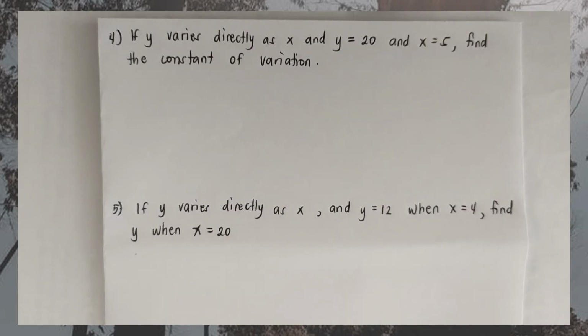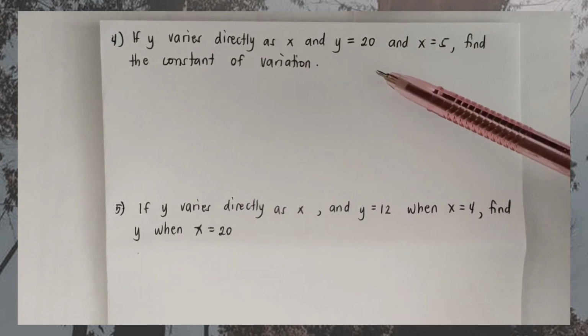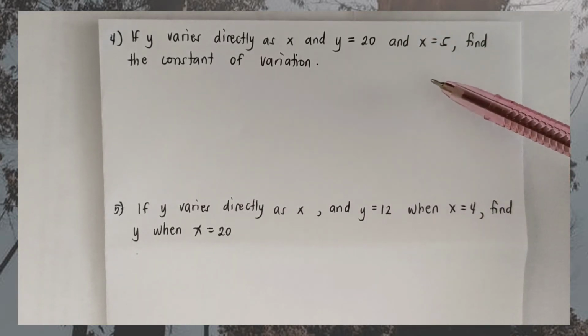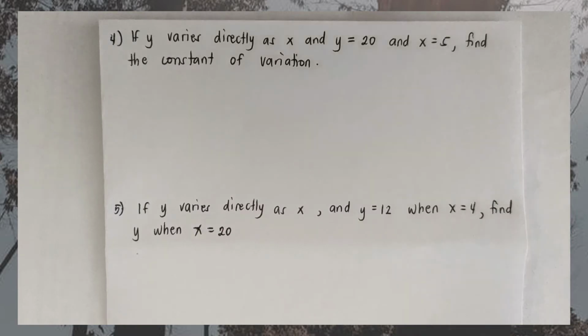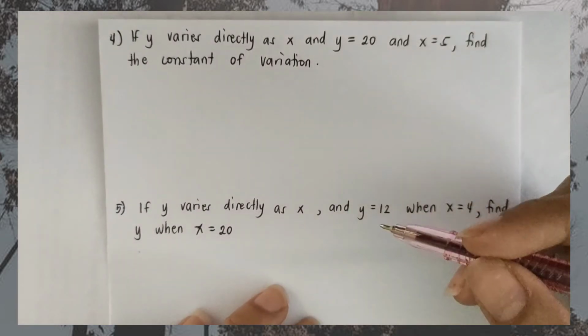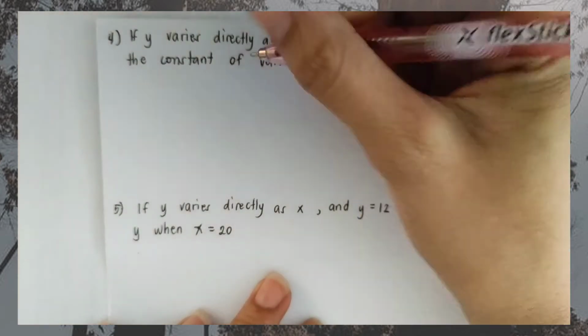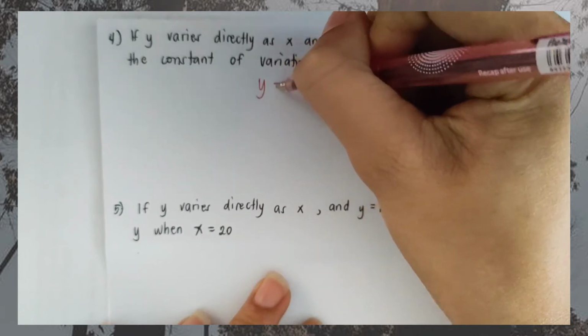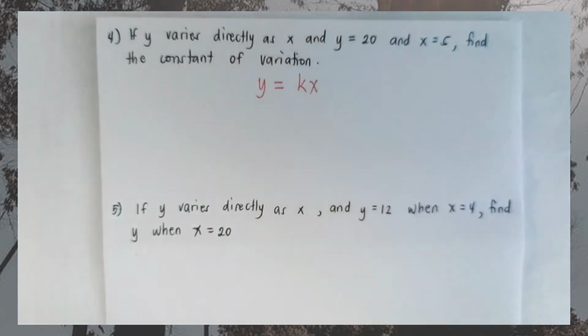How about number 4? If y varies directly as x and y is equal to 20 and x is equal to 5, find the constant of variation. Just like our previous example, the first thing that we need to do is to write the equation of the direct variation, which is y is equal to kx.